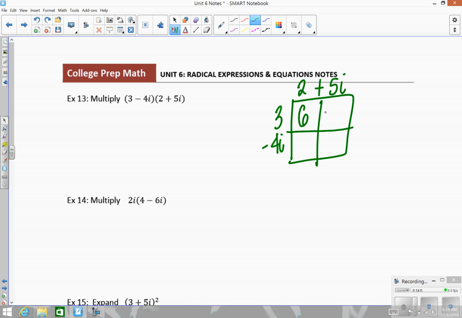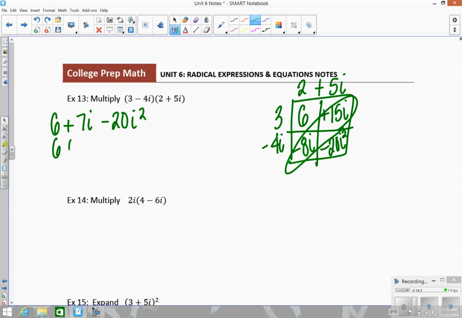So we have 6, we have positive 15i, negative 8i, and then here we're going to have negative 20i squared. So then I'm going to rewrite that. So 6, get your like terms. So we have plus 7i when we do 15 minus 8, and then minus 20i squared. But whenever you have an i squared, you want to remember that that reduces.